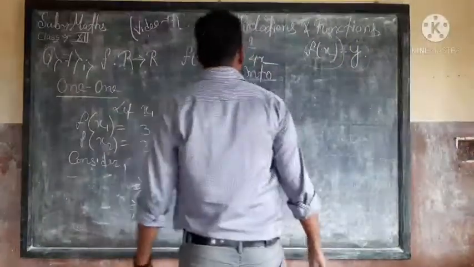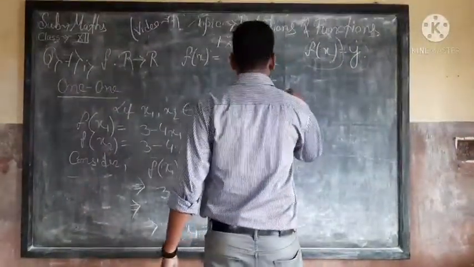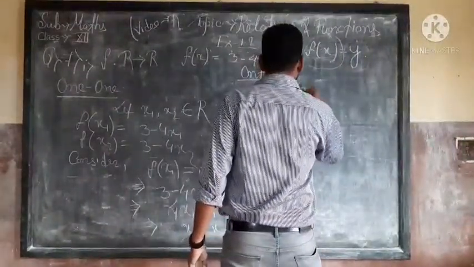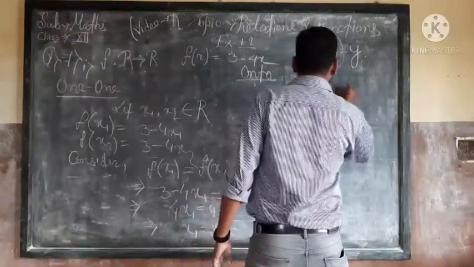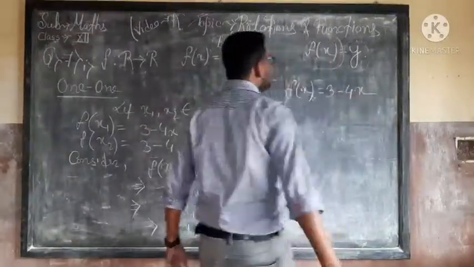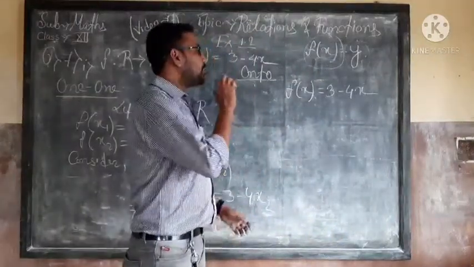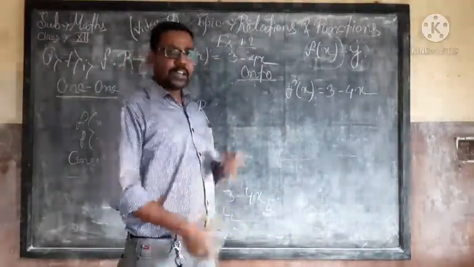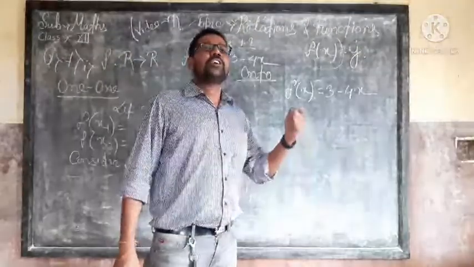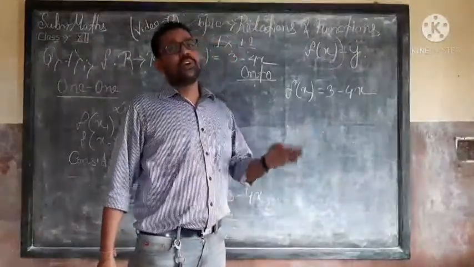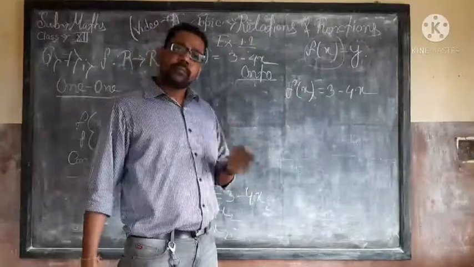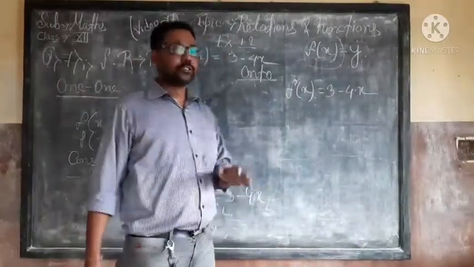So given f(x) equal to 3 minus 4x, this is the procedure to prove or justify whether any function holds the onto condition or not.